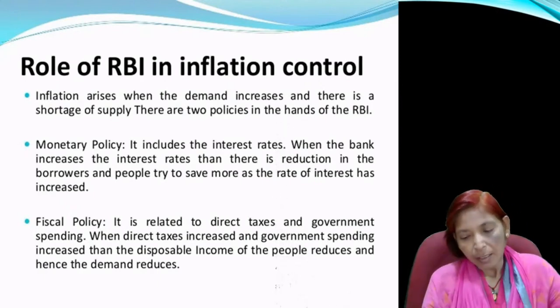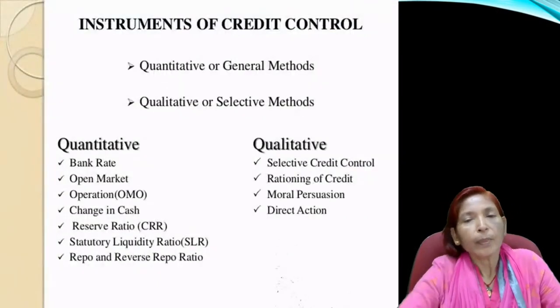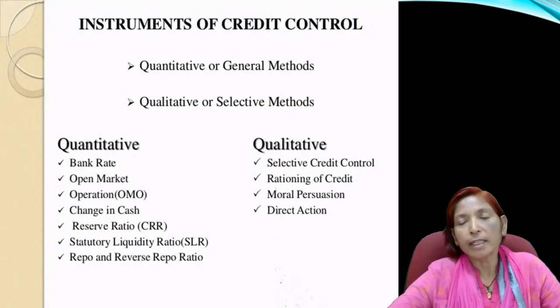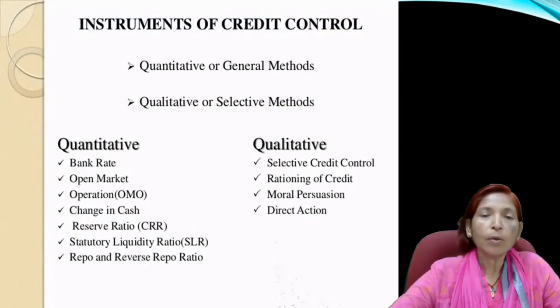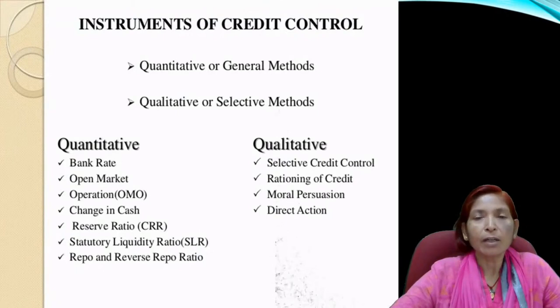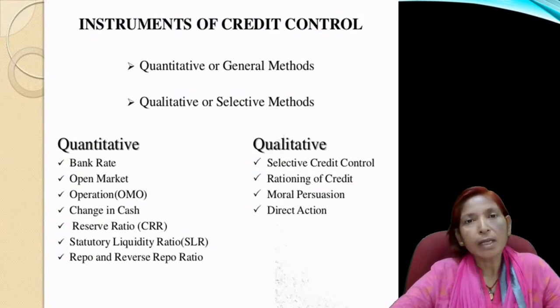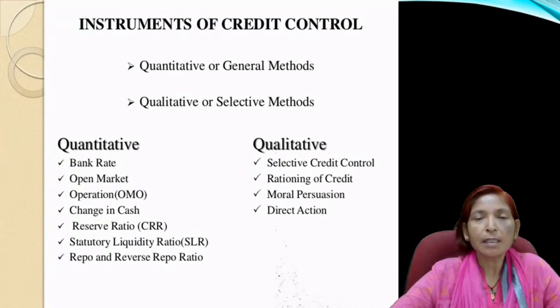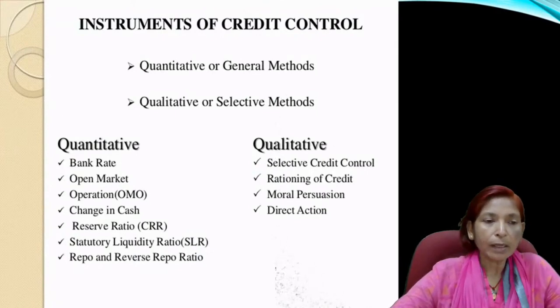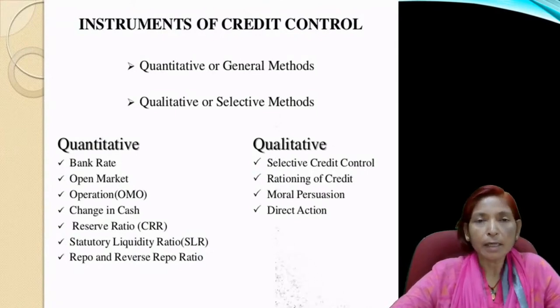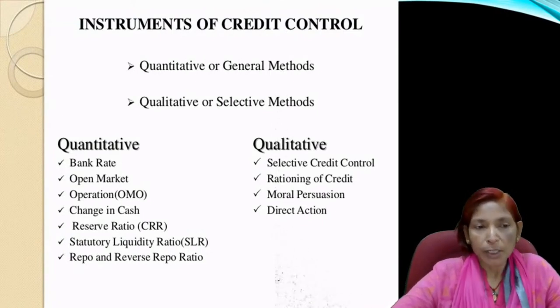Now next is, what are the instruments of credit control? There are two types of instruments which can control the credit creation process: one is qualitative and the other is quantitative. Number one is quantitative. It is clear by its name: it can easily control the quantity or amount of credit creation.